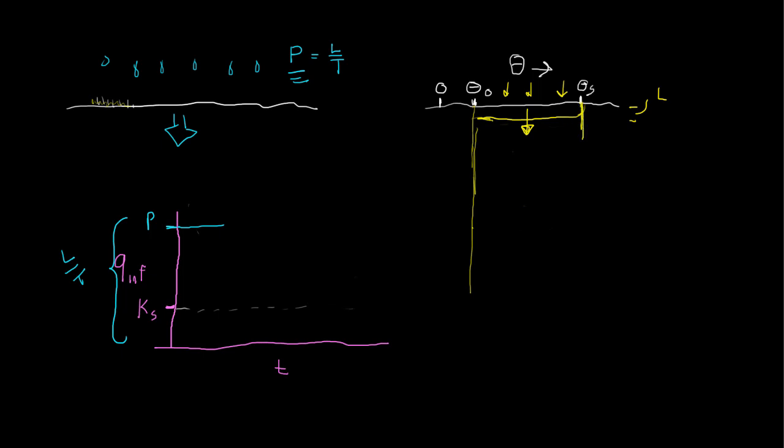However, after some amount of time passes, the slug grows to a sufficient thickness, so this now becomes L, right? Now the rate of movement of the slug, remember that's decreasing because the distance L is increasing, becomes equal to the rate at which water is being provided by rainfall at the surface here.